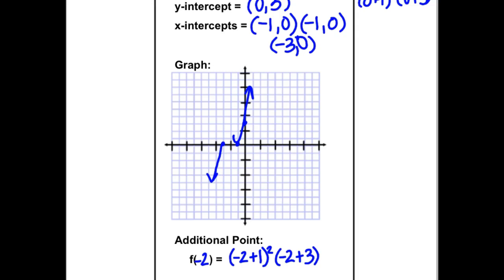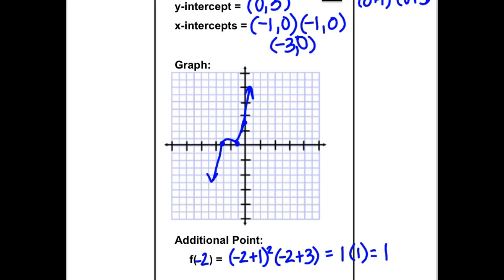So negative 2 plus 1 is negative 1, squared is 1, and negative 2 plus 3 is 1, so 1 times 1, which is 1. So it curves up, and I'm going to redraw that a little bit since I sketched that kind of wonky. What I get here is it comes up to 1, and then it bounces and comes back up again. So this one doesn't have much of a dip in between.